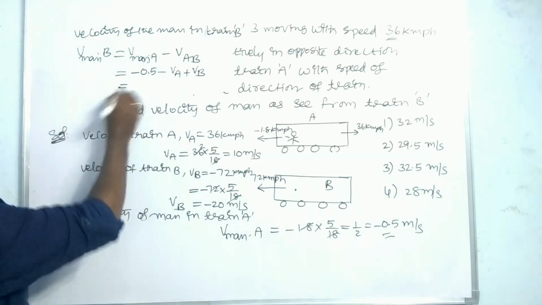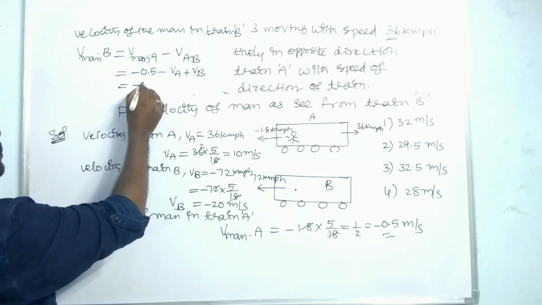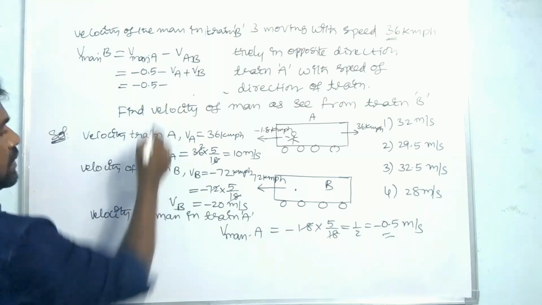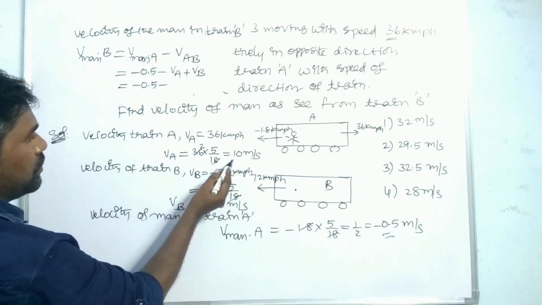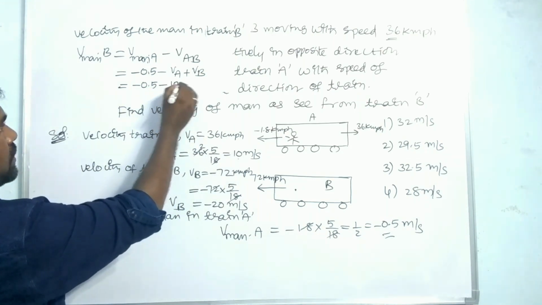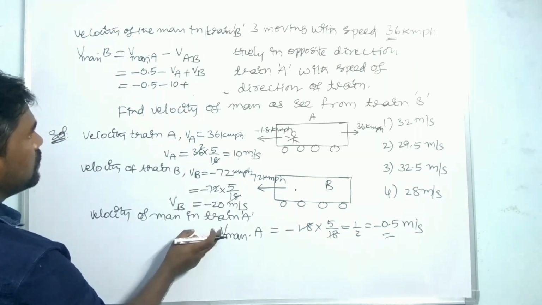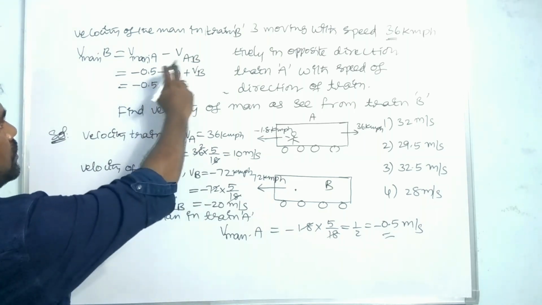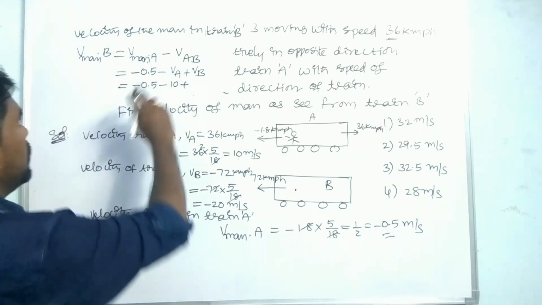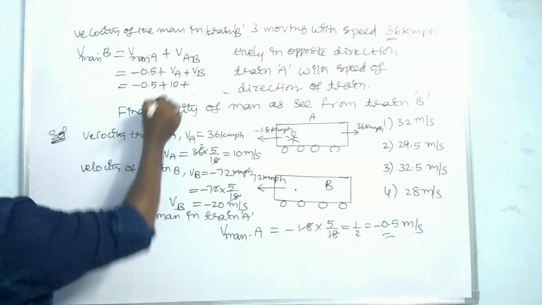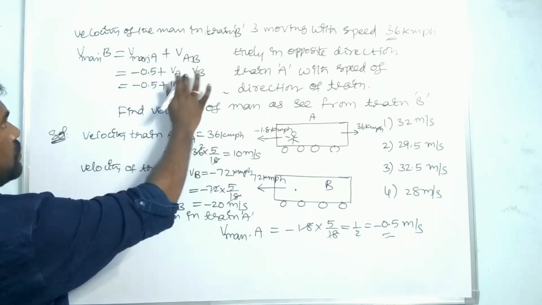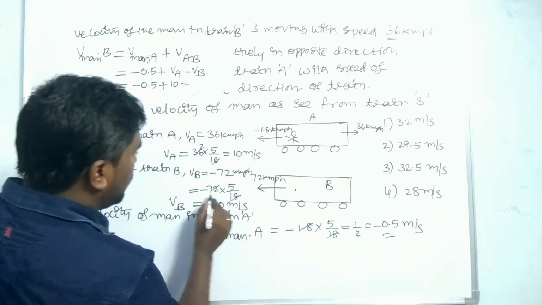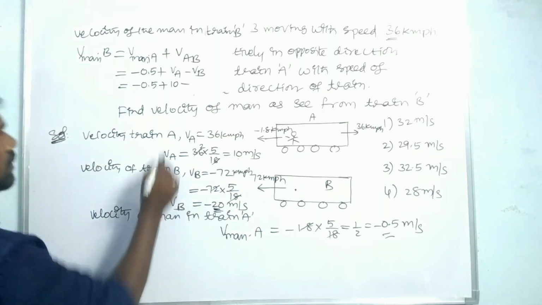Let us write: minus 0.5 minus VA plus VB, where VA is equal to 10 and VB is equal to minus 20.